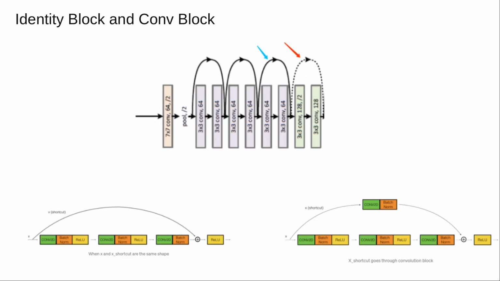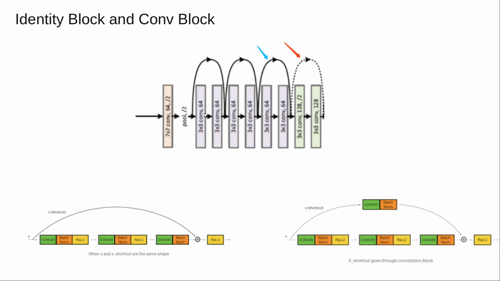The next concept is identity block versus convolutional block. So in this picture above, all these solid black lines represent the skip connection. They represent the identity block, and this dotted line represents the conv block.